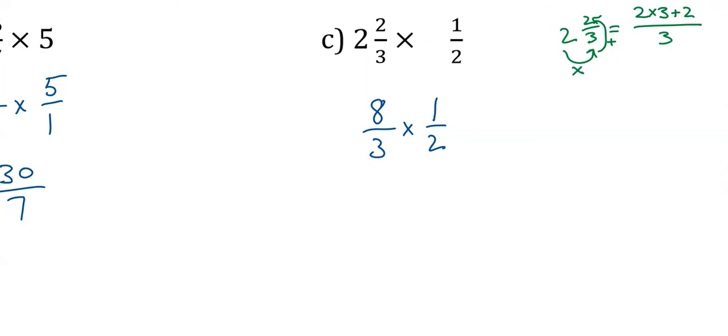Can I divide something into both of them? Divide by 2, divide by 2, and then you get 4 over 3. This almost looks like the same question, doesn't it? Except it's got negatives.